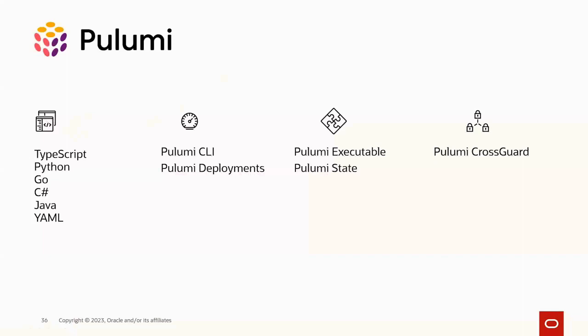But again, I can define all of my resources with the language of my choice. I can leverage the Pulumi CLI, or they have an enterprise version as well, kind of like the HashiCorp Enterprise for Terraform. When I go to run this, I'm going to take the executable. We're going to generate a state file. We'll take our code, and it's going to create or destroy the resources depending upon the set of actions we're going to run.